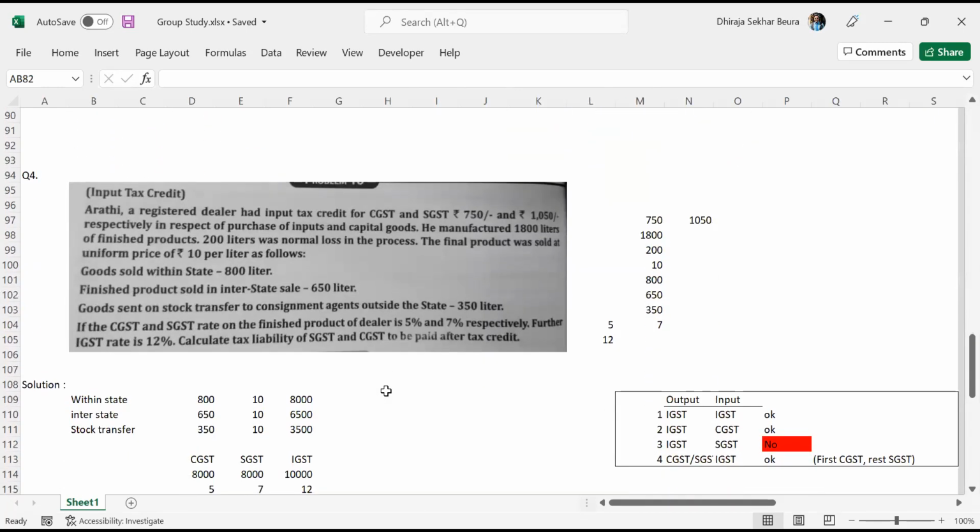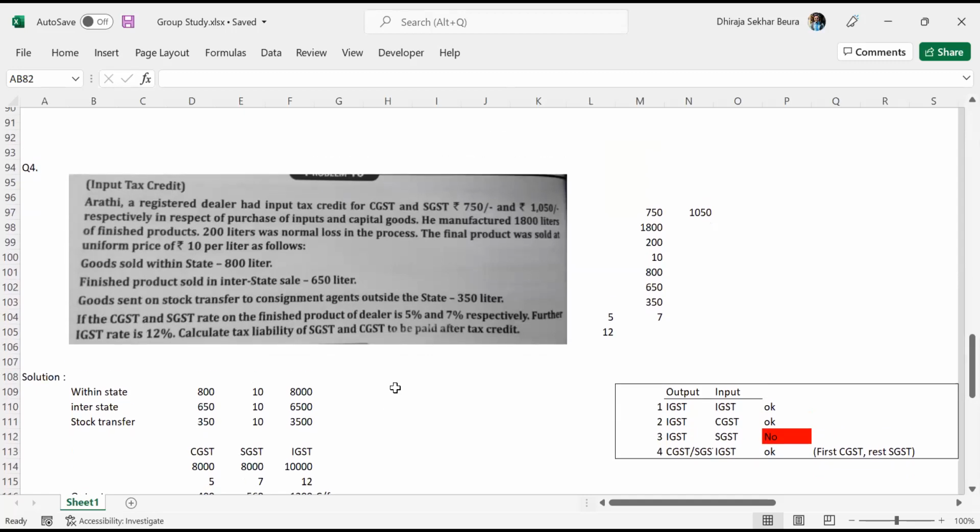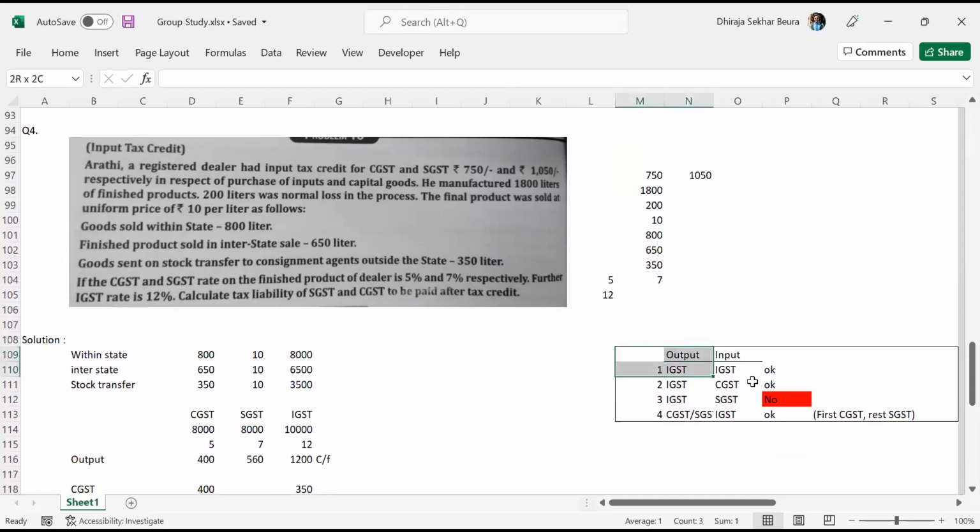So here is the next question. Now, before we start the question, let me remind you of the concept, because it is going to be there in this question. When we have output liability for IGST and input credit we have of IGST, we can adjust those. Suppose we have output liability of IGST, now I'm talking about the second one, and we have input credit of CGST, we can adjust it.